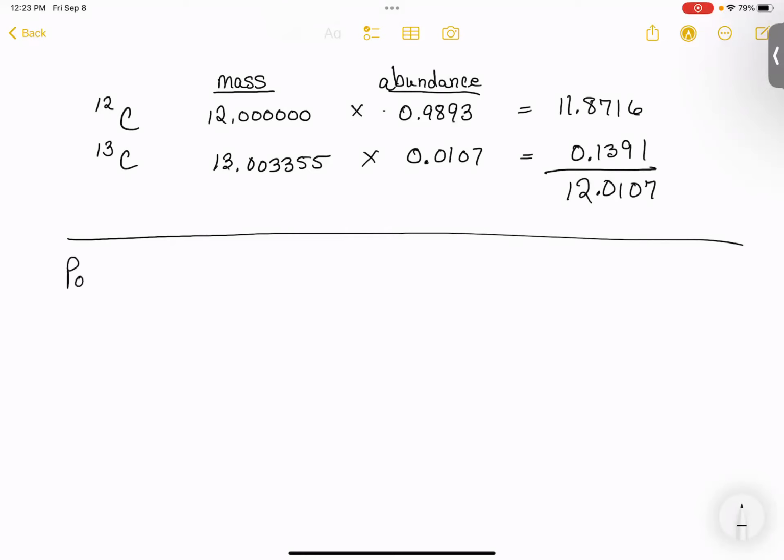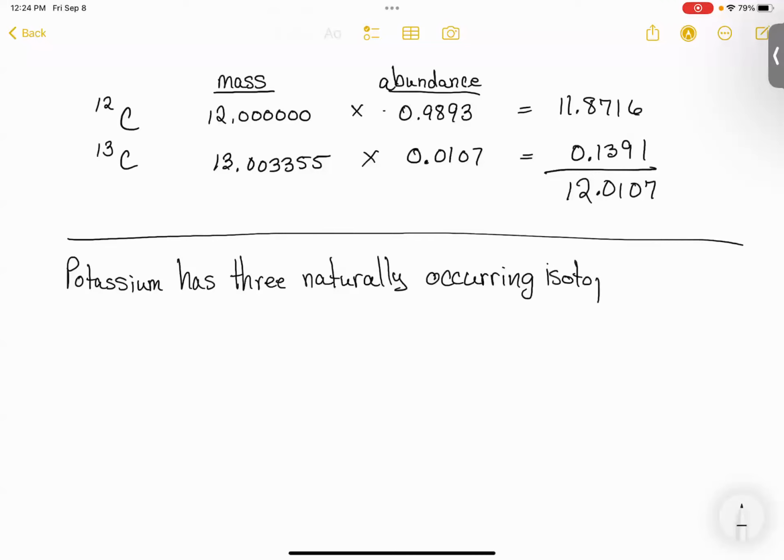Potassium has 3 naturally occurring isotopes. They are shown in the table below.